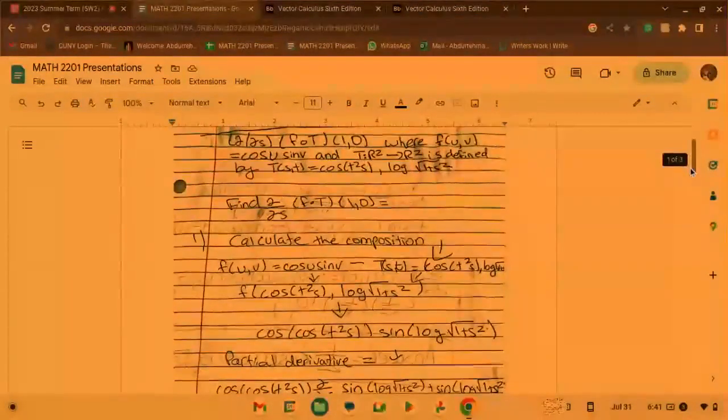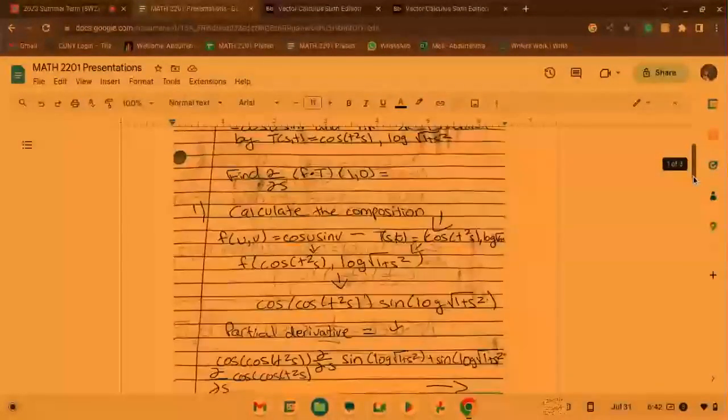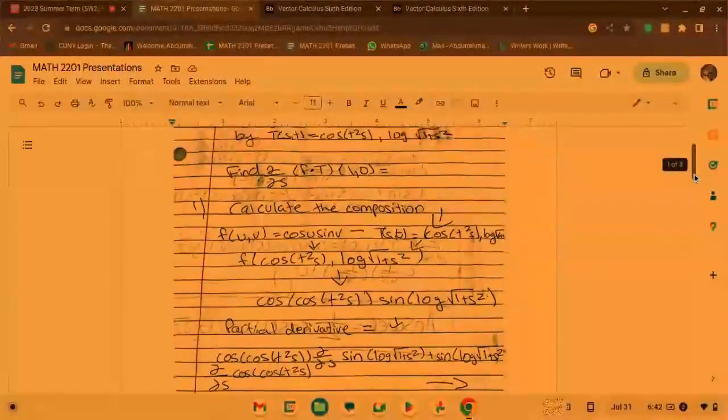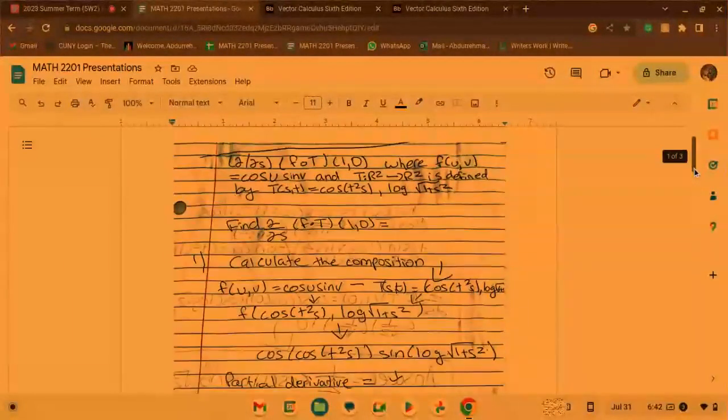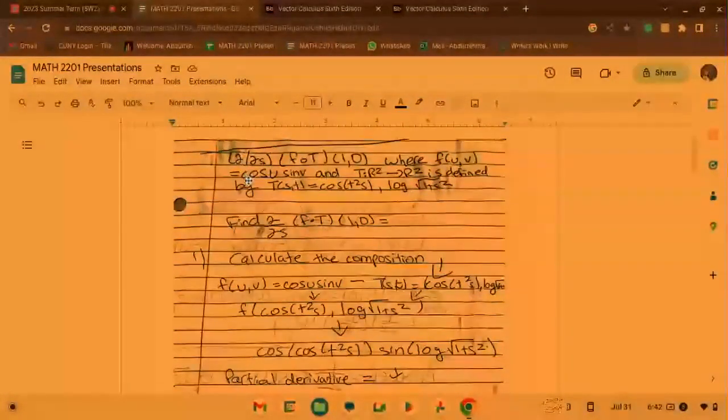Partial derivative of composition functions. Yes, which makes it a little bit complicated. So first up is the composition. We take the f(u,v) function, which is cosine of u times sine of v, and we take the g(s,t) function, cosine of t squared s and log of the square root of 1 plus s squared.